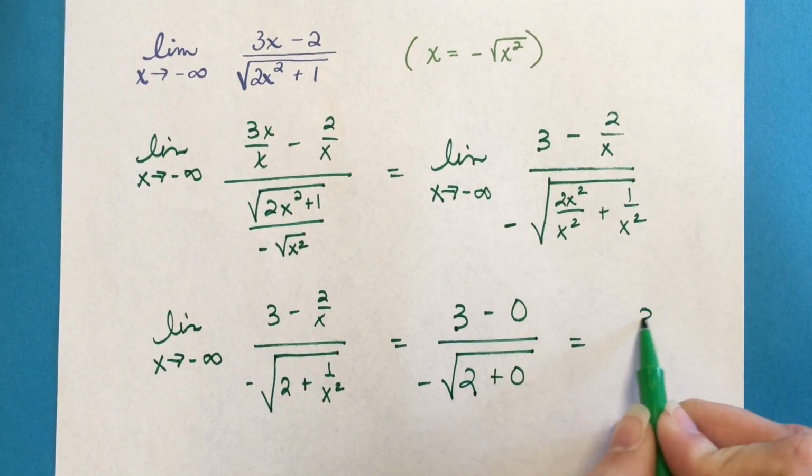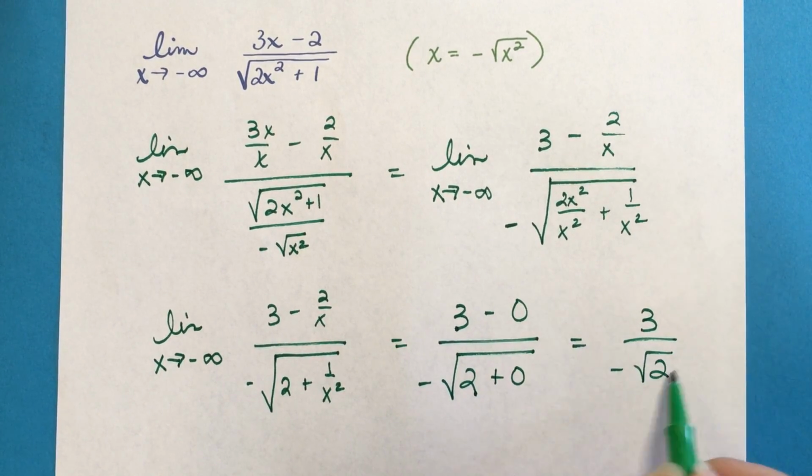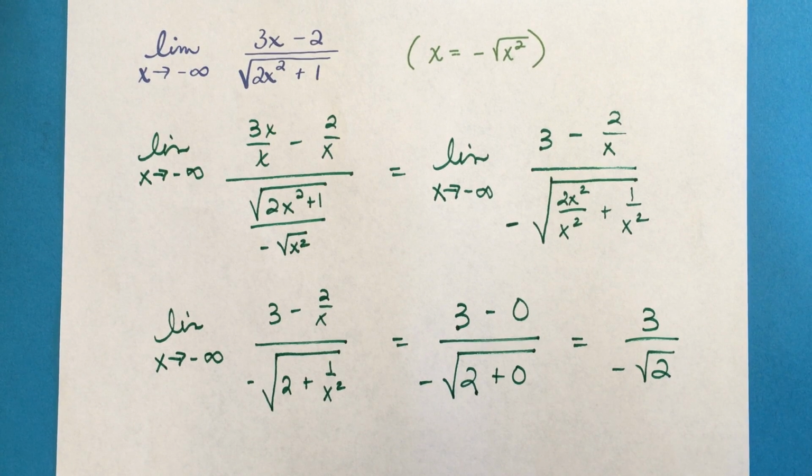You've got almost the same thing, it's just that you've ended up with this negative out front. A while ago you ended up with a positive 3 over square root 2, and this time you end up with negative 3 over square root 2. That indicates that you would have two different asymptotes. As you go to the right to positive infinity, it approaches one asymptote. As it goes to the left to negative infinity, it approaches a different asymptote.